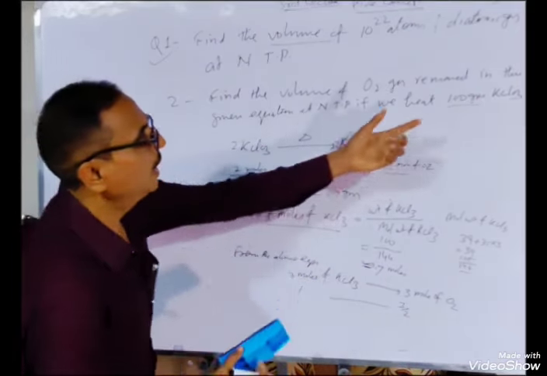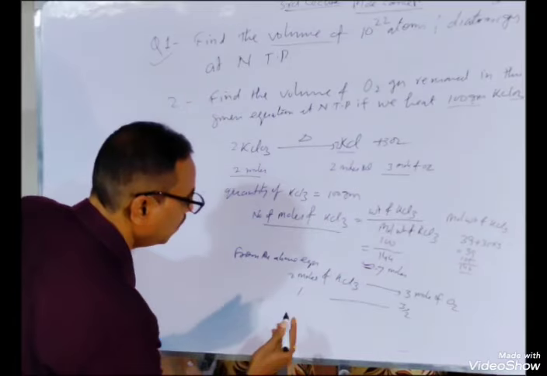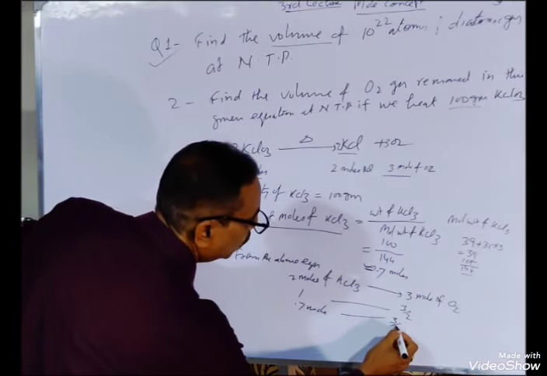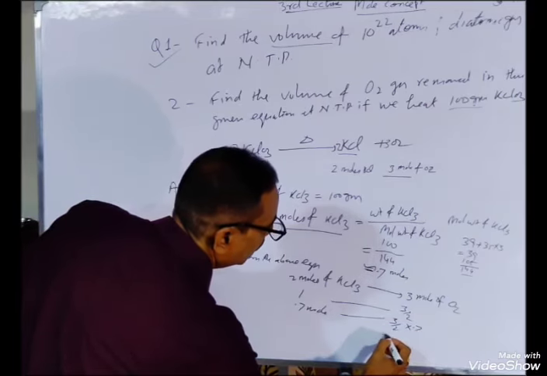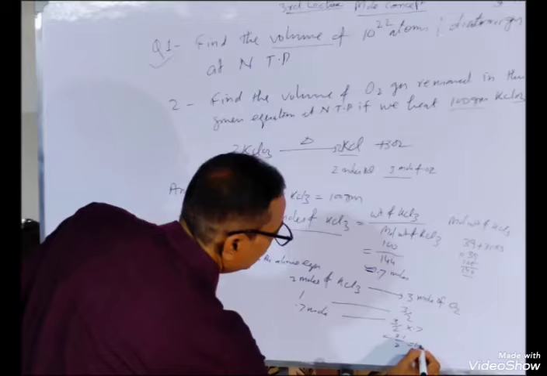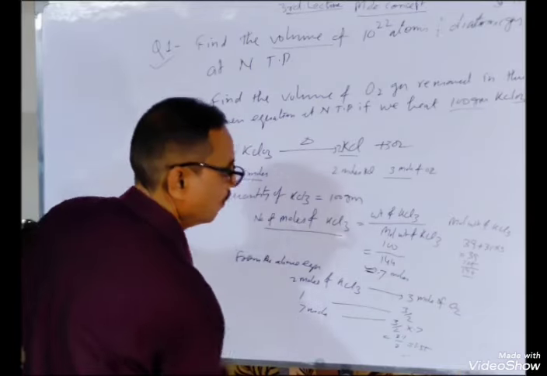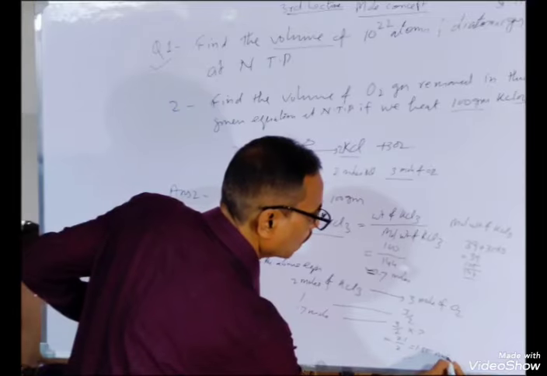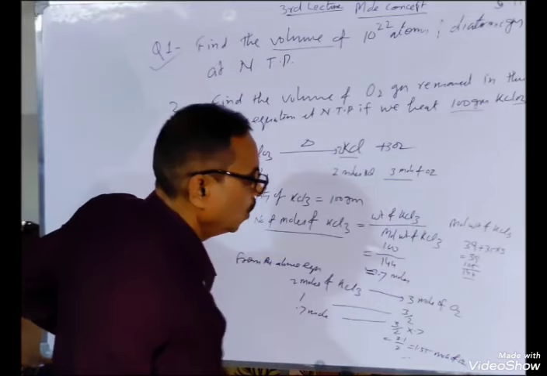Here 100 gram means 0.7 mole. So 0.7 mole will produce 3 by 2 into 0.7, that is 2.1 by 2, that is 1.05 moles of O2.